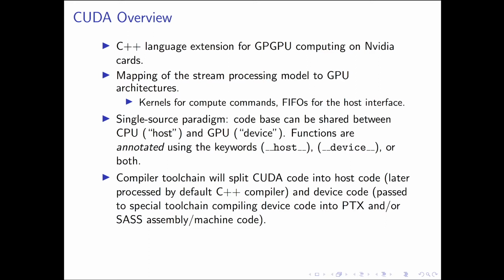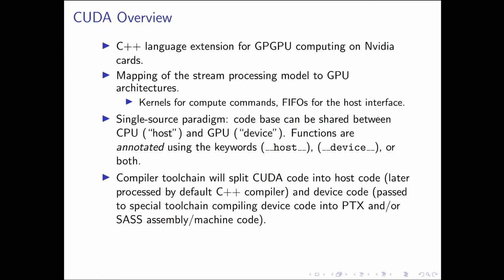The CUDA APIs and the GPGPU APIs in general basically map the stream processing model from the last session to GPU architectures. In that sense, kernels are basically the substitute for the compute commands. And in the stream processing model, we had FIFOs, which are basically what on the GPU is the asynchronous host interface.